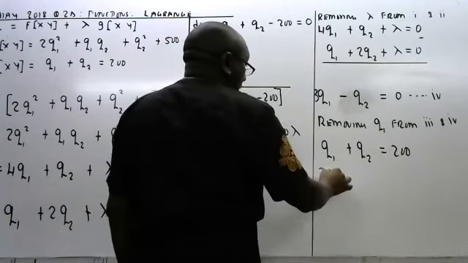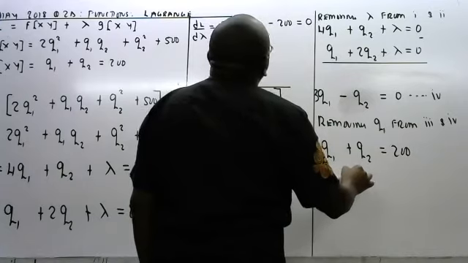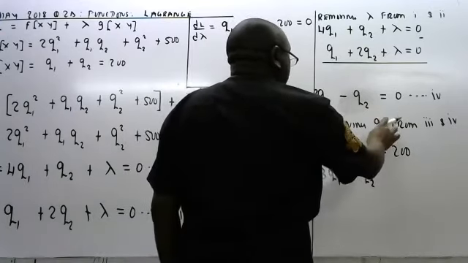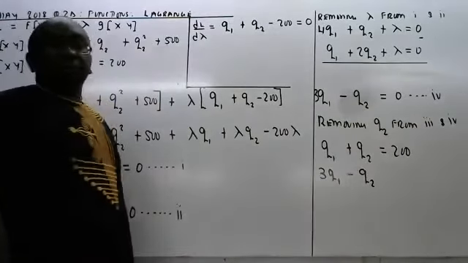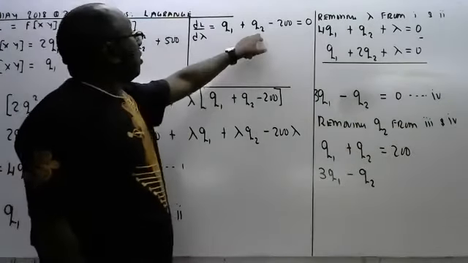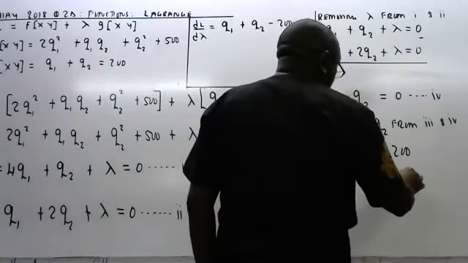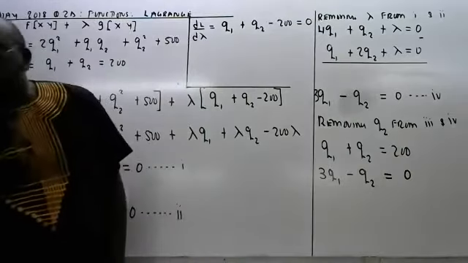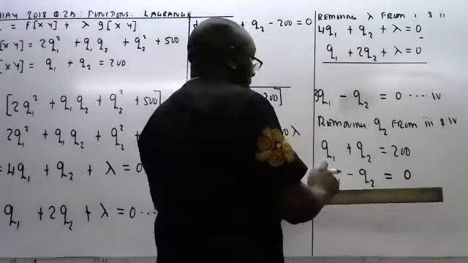Then 3Q1 minus Q2. Actually, it will be easier to remove Q2, because this is 1 and even this one. It is equal to 0.